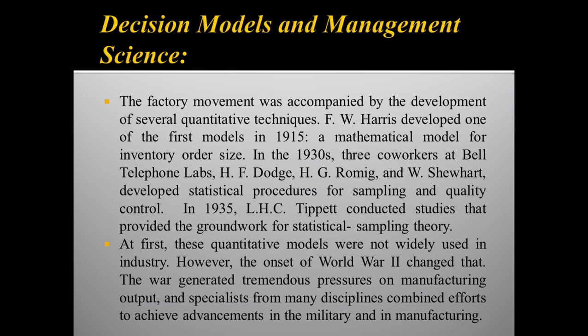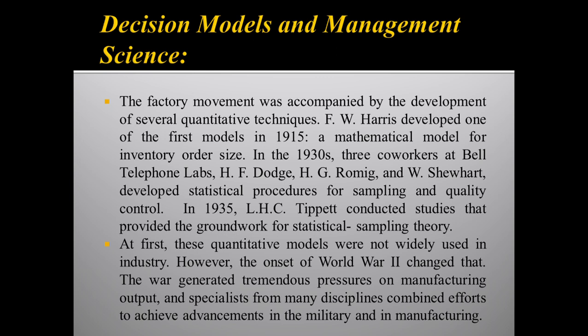Then we are going to talk about decision models and management sciences. The factory movement was accompanied by the development of several quantitative techniques. F. W. Harris developed one of the first models in 1915, a mathematical model for inventory order size.